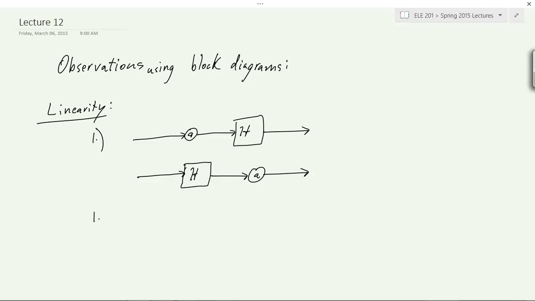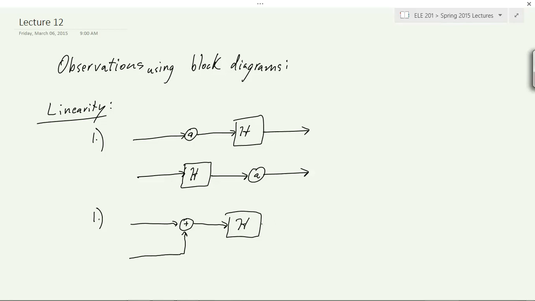If it's linear, it does two things, right? It commutes with a scaling operation. It also commutes with a sum operation. So here we say, suppose you have two signals coming in, and they get added together. Now that circle with the plus just adds the two signals.